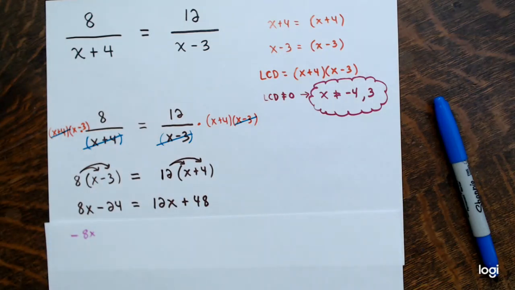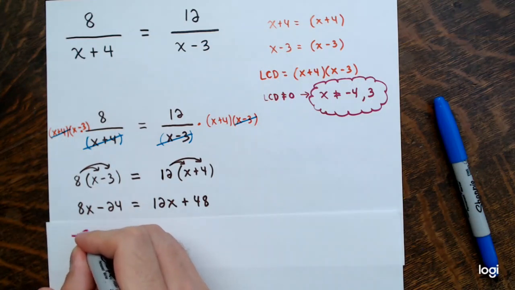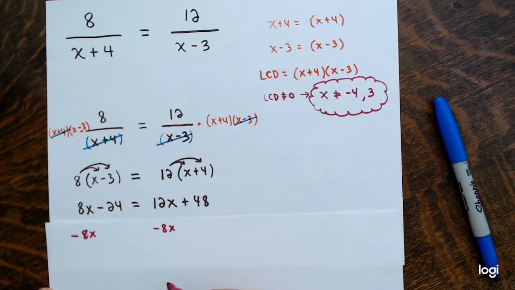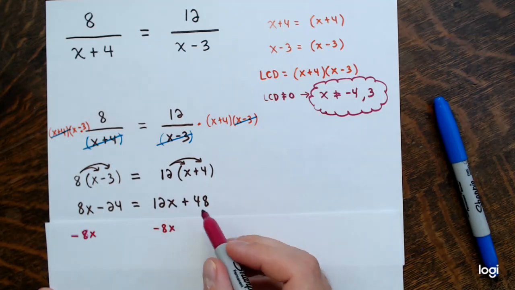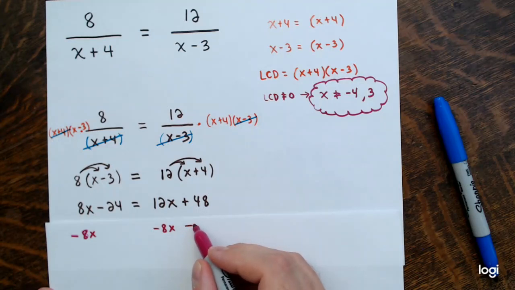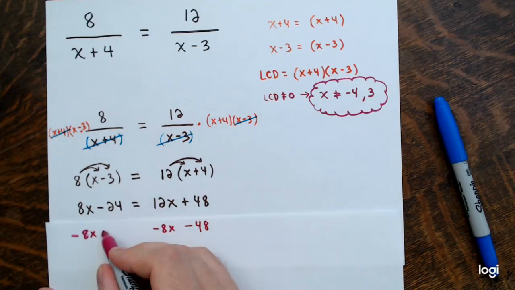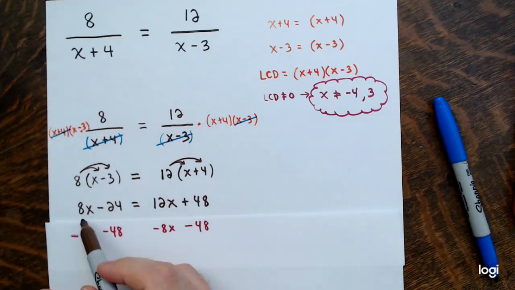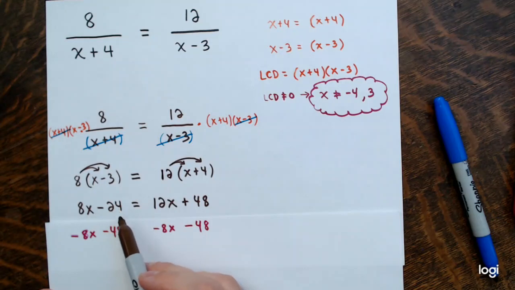So I'll subtract 8x from both sides, combine these x terms, and that'll take all the x's to the right, and let's take all the constants to the left. So I'll get rid of this positive 48 over here, so I'll subtract 48 as well from both sides. And that'll leave me with, the 8x minus 8x is nothing, and negative 24 minus 48 would be negative 72.